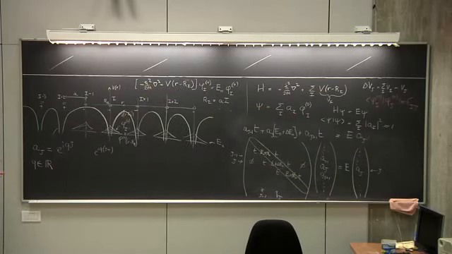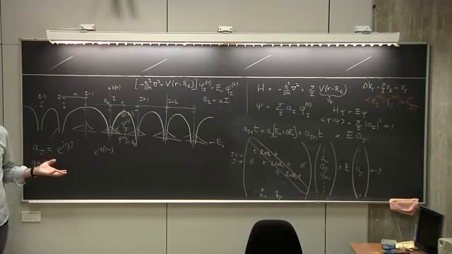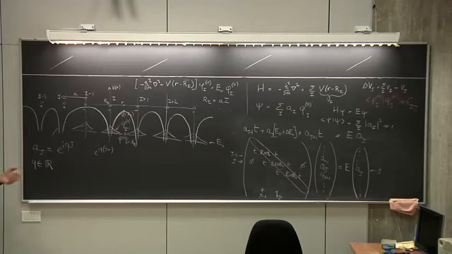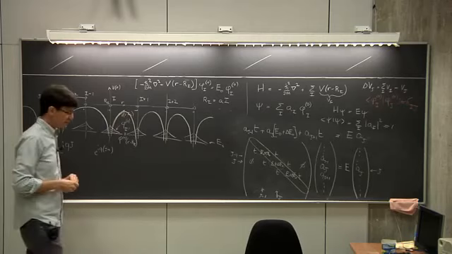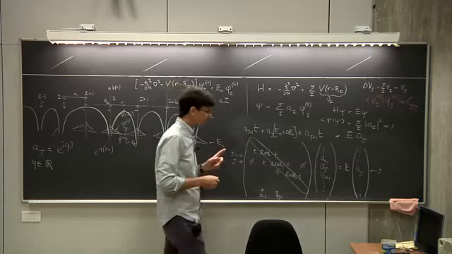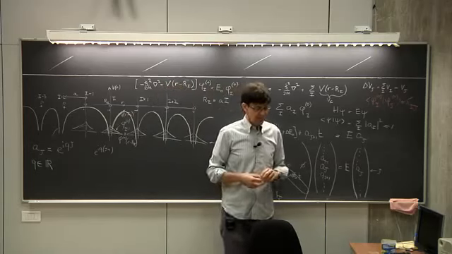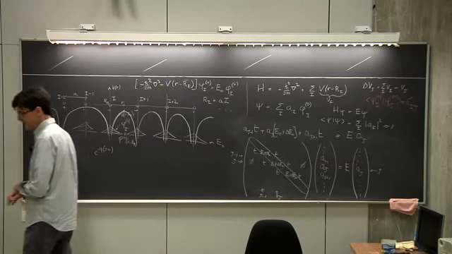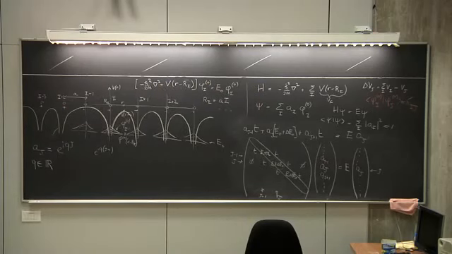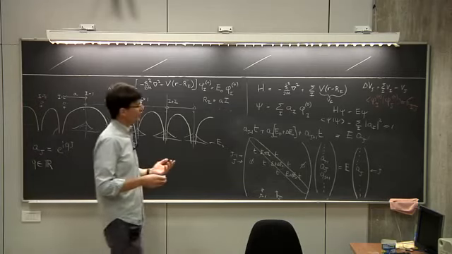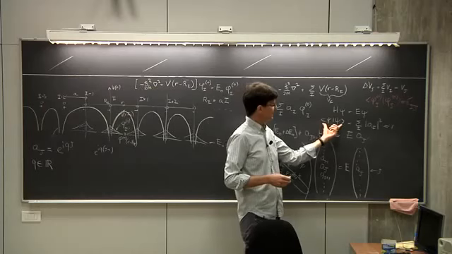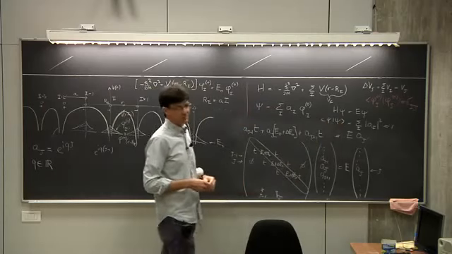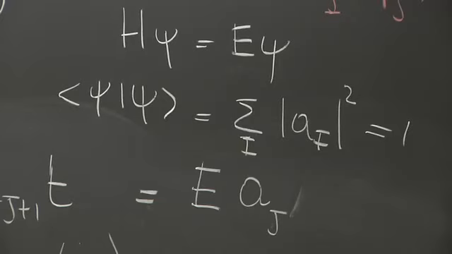Take plane waves: how can you normalize a plane wave to 1 if the volume is infinitely large? Now, I actually have to say that this problem is more serious in free space than here, because here we can still decide, if we wish, that our wave functions are normalized to 1 if I take this integral over, for example, a unit cell only.